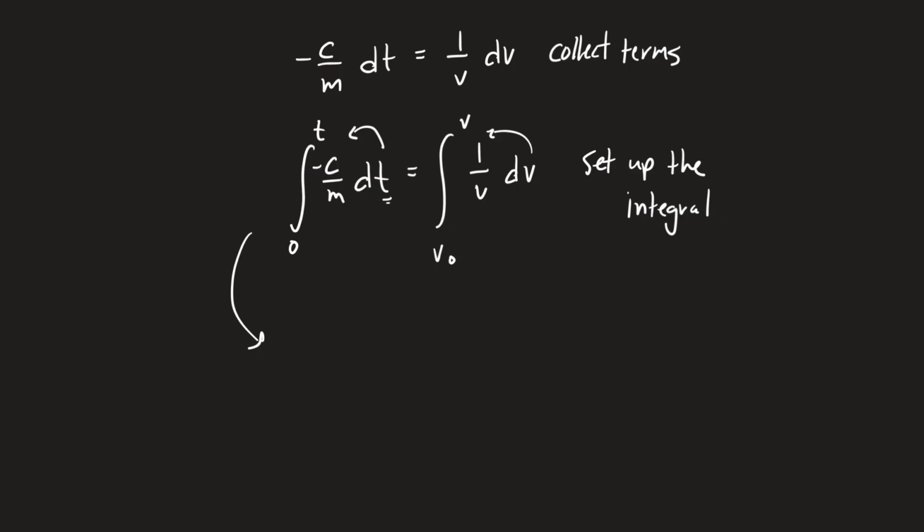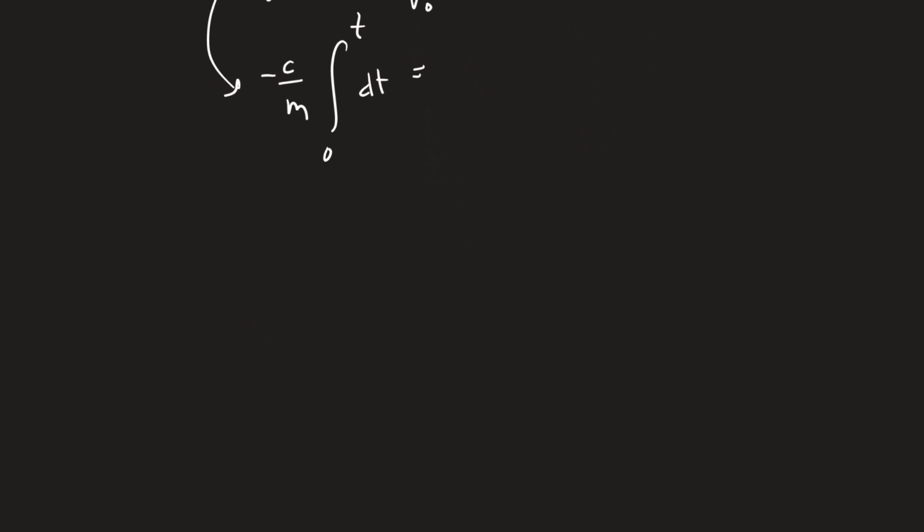We'll take out the negative c over m, and that leaves us with the integral from 0 to t of dt. We'll just do one side at a time, all right? So let's do this part. When I take out the constant, I'm left with just dt in there. What is the antiderivative of nothing?